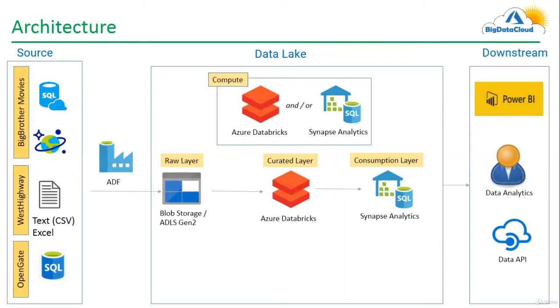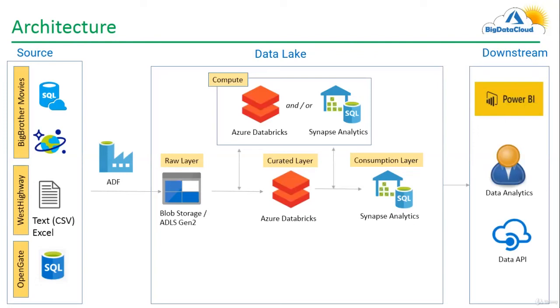And what are these 3 different layers? In raw, you will have data as it is lying in this layer as we have in source. In curated, data will be cleaned, transformed, and all data quality issues are removed. And in consumption, data is prepared for reporting or for actual consumption purpose.